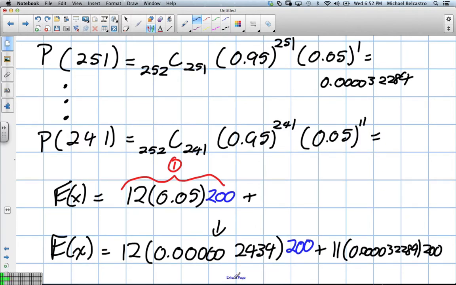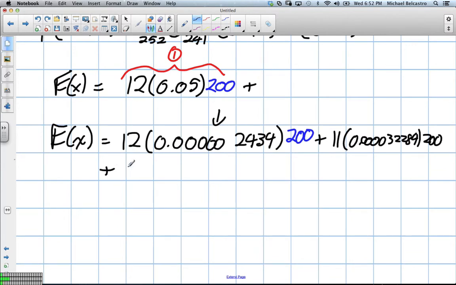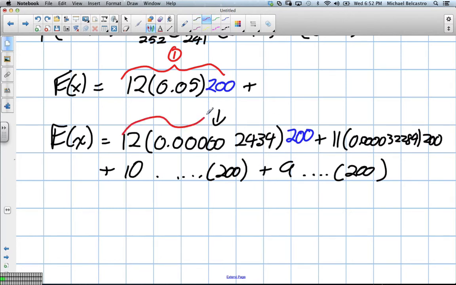This pattern is going to continue: 10 people with our probability times $200, then 9 people times our probability times $200, and we add all of these values up. I'm going to calculate the expected payout just for scenario 1.